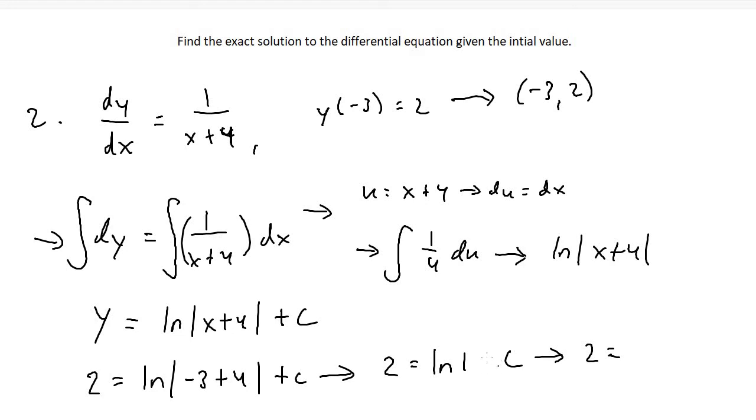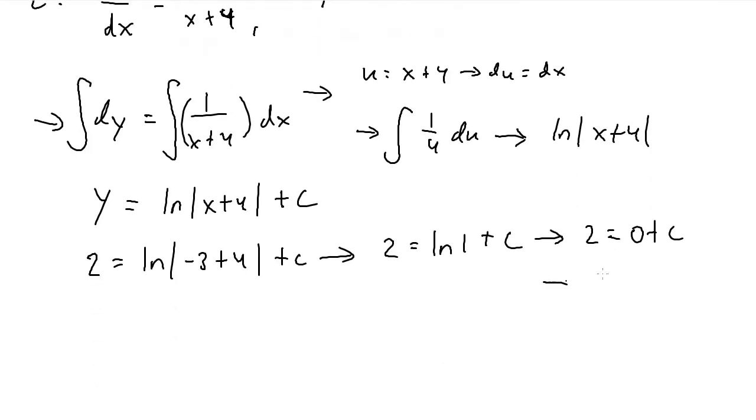I should have put a plus there. The natural log of 1 is 0 plus c. So then c is going to be equal to 2. So now I can put this into my c and write out the exact solution: y equals the natural log of the absolute value of x plus 4, plus 2.